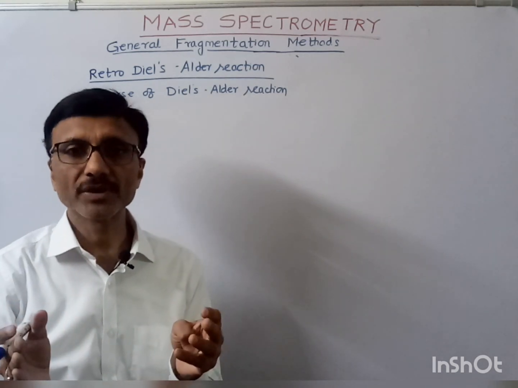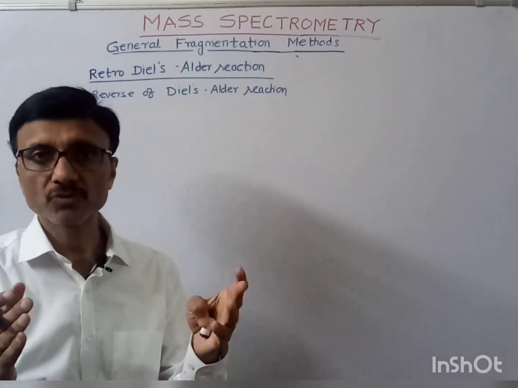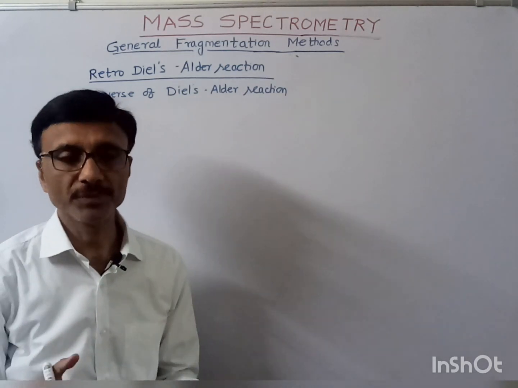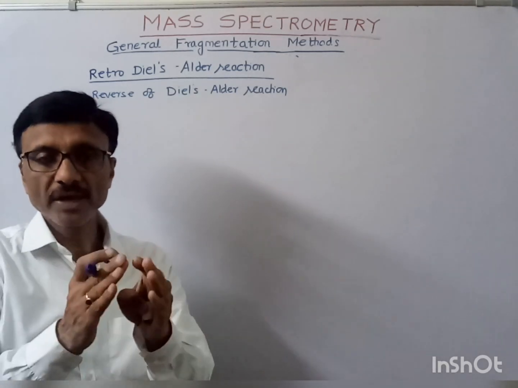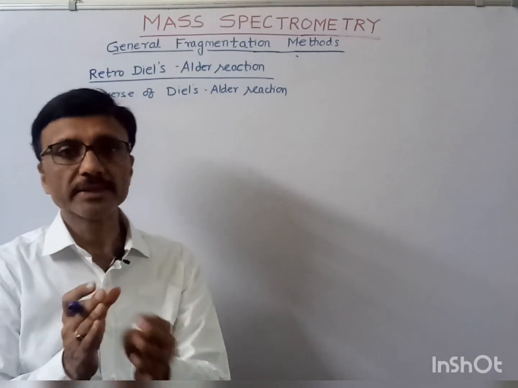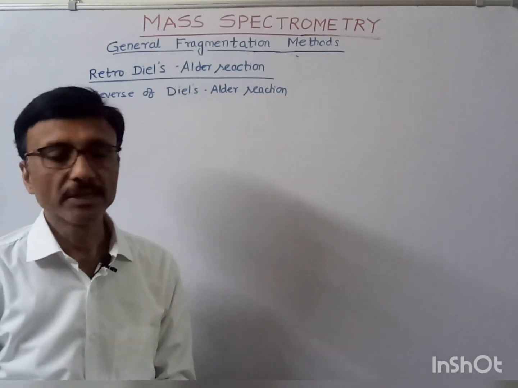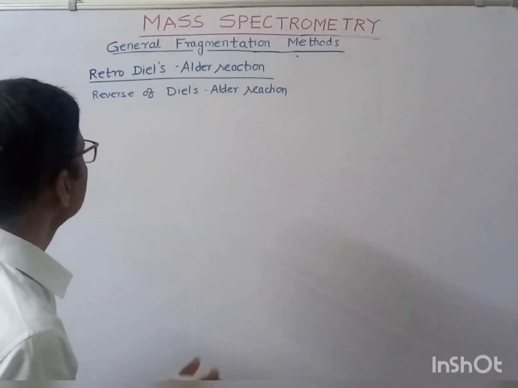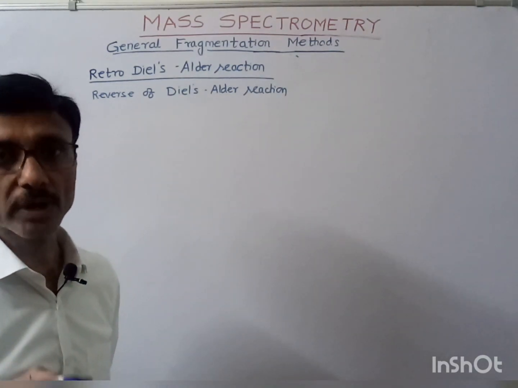They combine to give some cyclic molecule, like suppose a cycloalkene that will be formed. And in the retro-Diels-Alder reaction, what will happen? If we have a cycloalkene, then that will be converted into the diene and dienophile. So mainly such a rearrangement we can see in cycloalkenes.